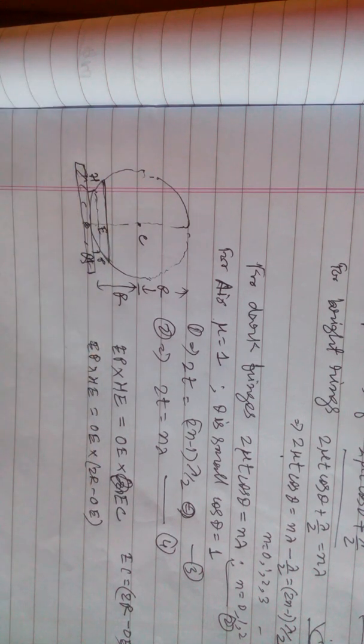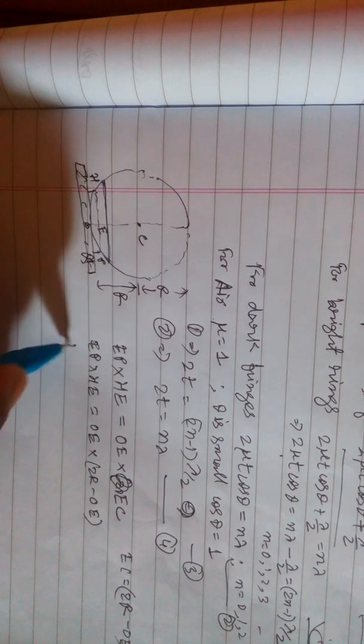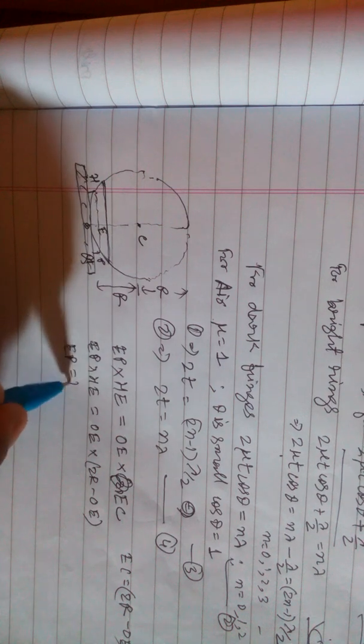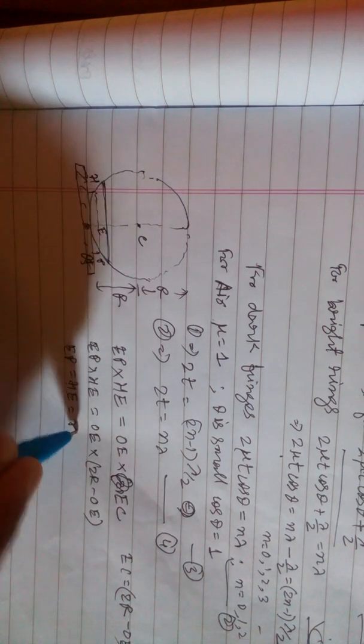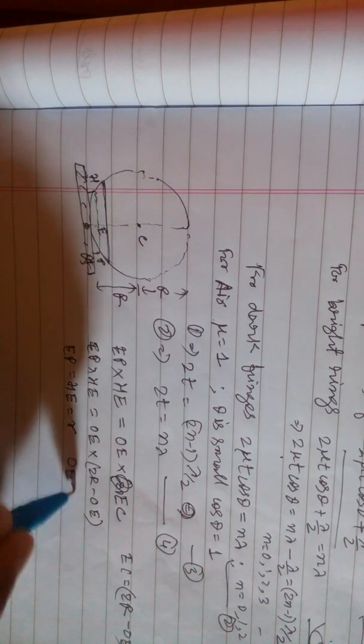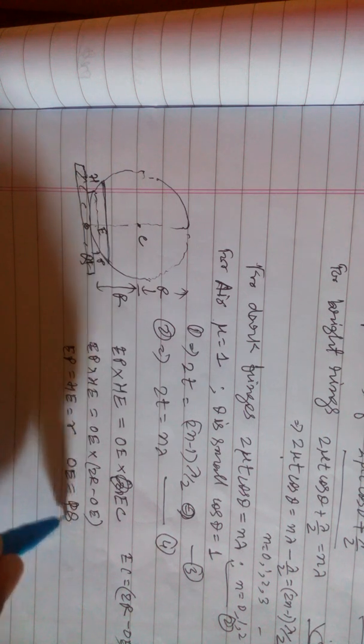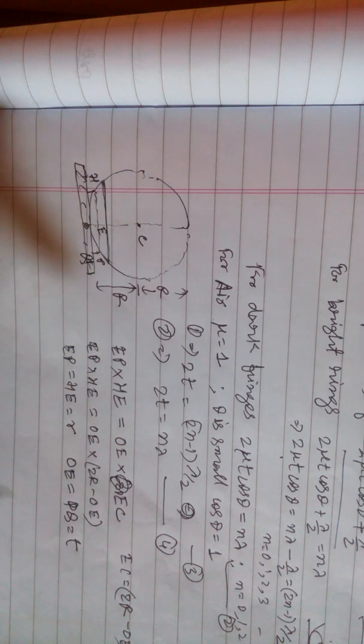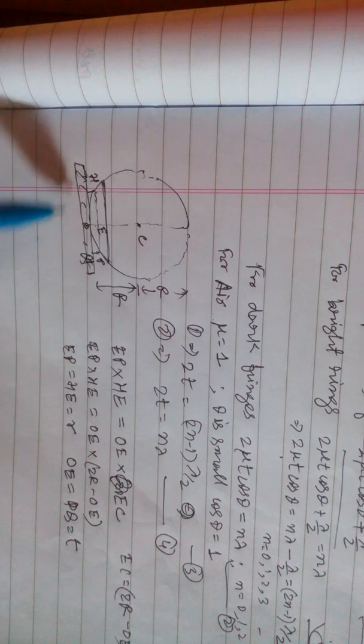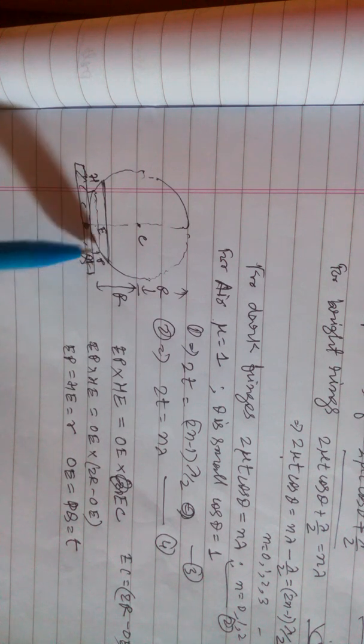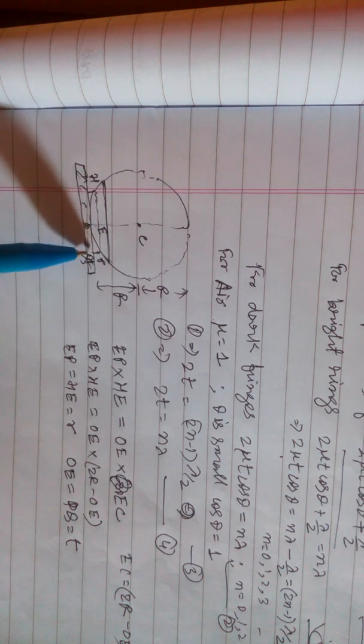By simplification, we can put some values. EP equal to HE is equal to small r, OE is equal to PQ is equal to small t, because PQ is the thickness of the air film formed at this point.